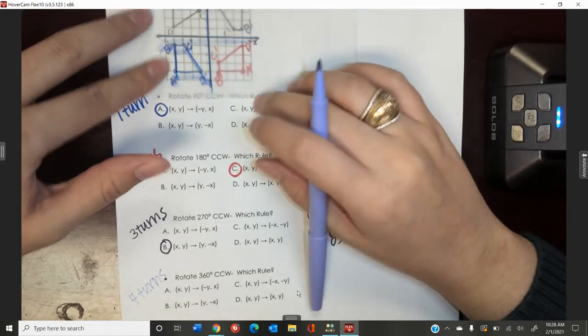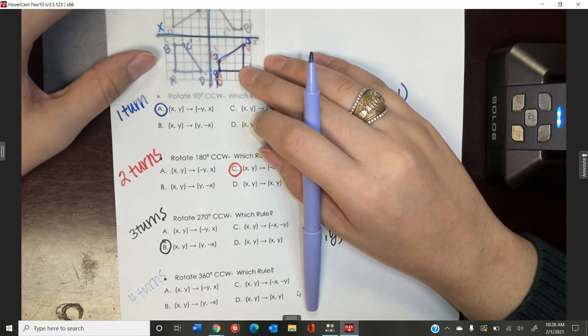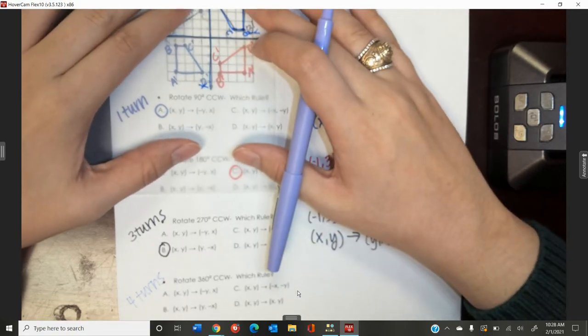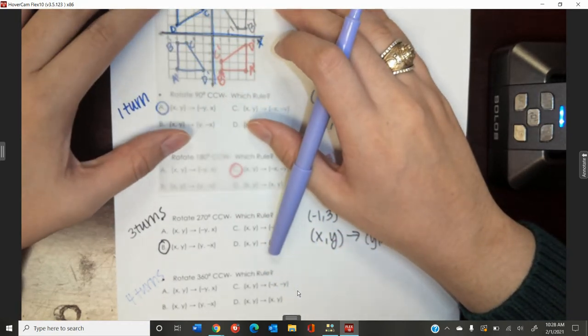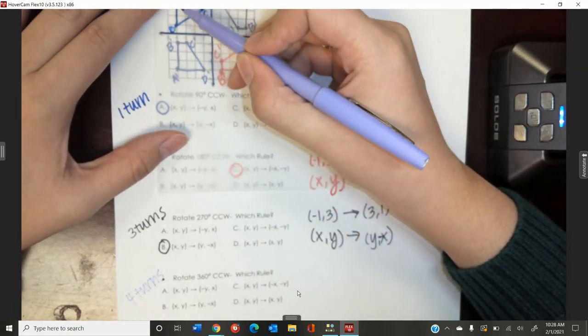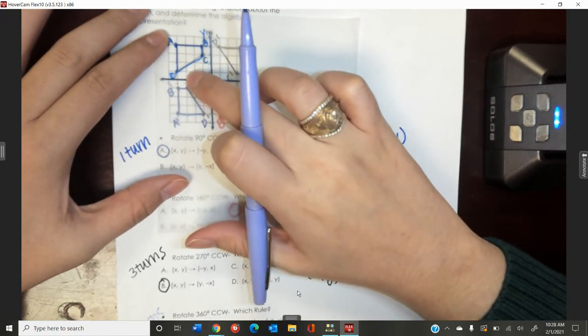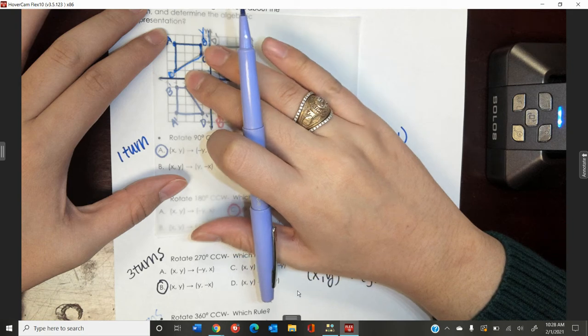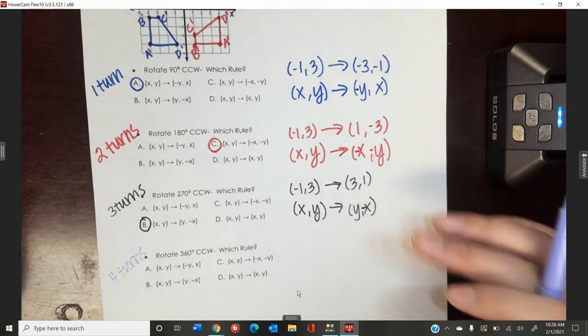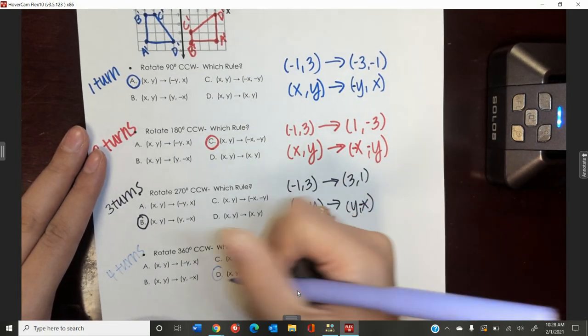So that's once, that's twice, that's 3rd, and there's 4 times. Now you see I'm in my original image. So if I'm in the same spot as where I started off, that means nothing changed and everything stayed the same. So that means that D is going to be my answer here.